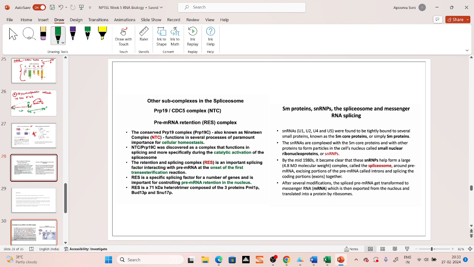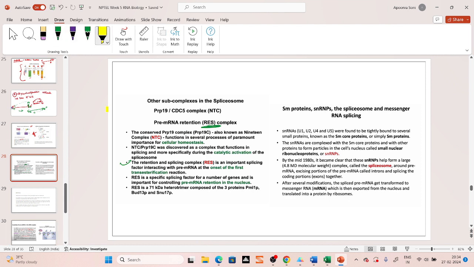Now, apart from these spliceosome snRNP complexes, there are some other complexes also which are very much required. For example, here comes the RES complex that we were talking about, that you could not see in that particular slide because at that time we hadn't studied it. This retention and splicing complex is an important splicing factor which interacts with pre-mRNA at the onset of the first transesterification reaction.